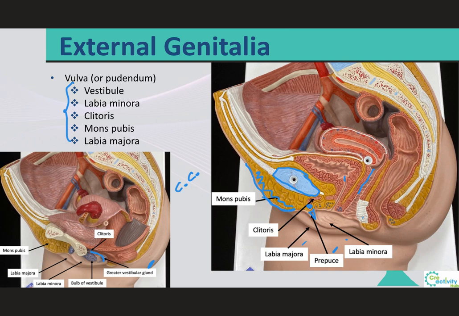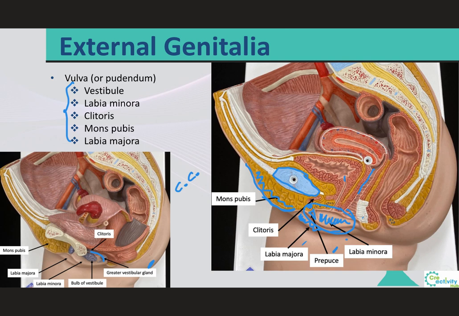Now, adipose tissue also accumulates within the labia majora, which are going to be homologous to the scrotum of the males. The labia majora will encircle and also partially conceal the labia minora and the vestibular structures.